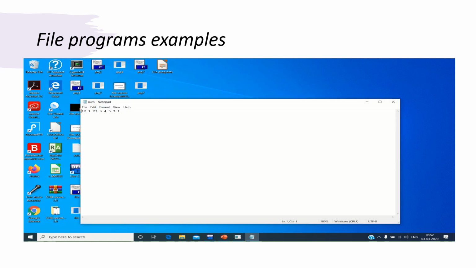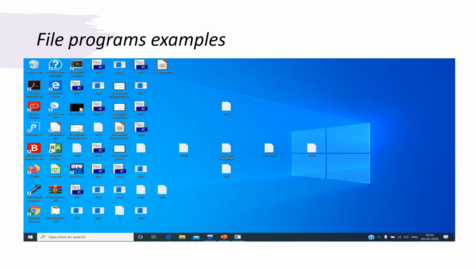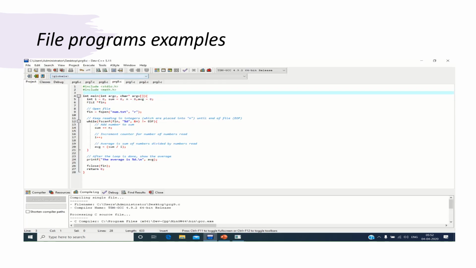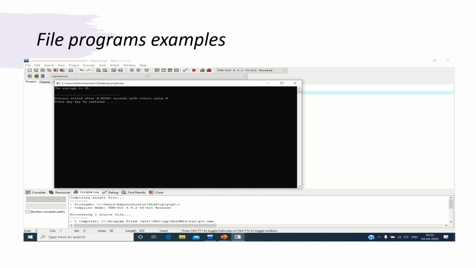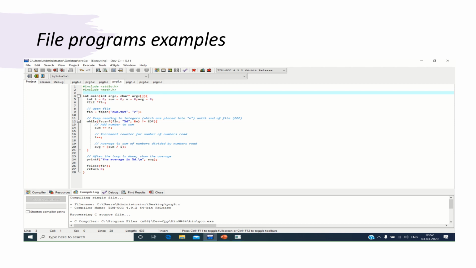These are the numbers in num.txt. You get the average as 21 from the num.txt file.